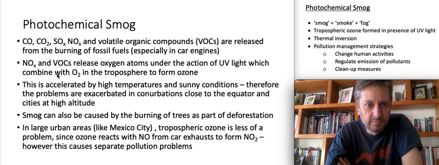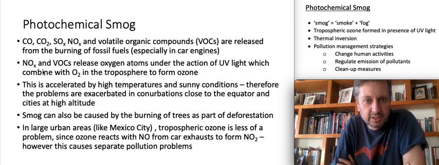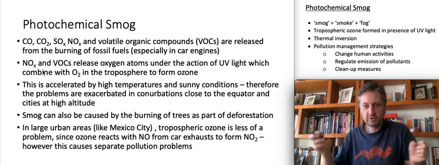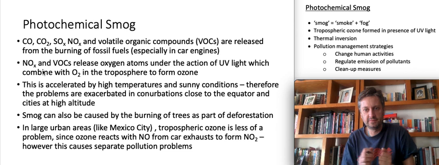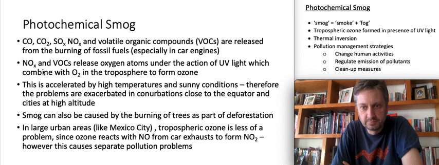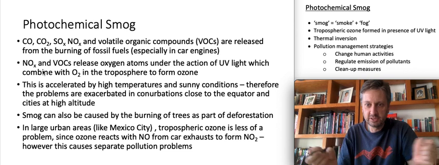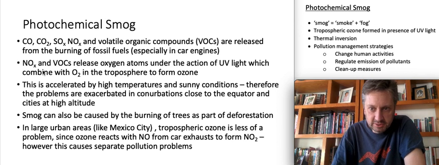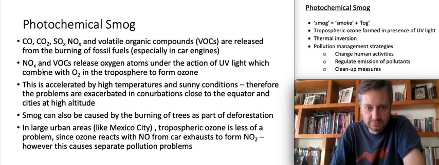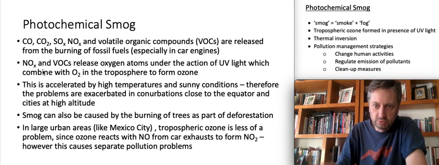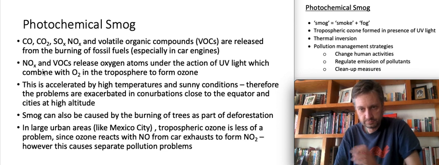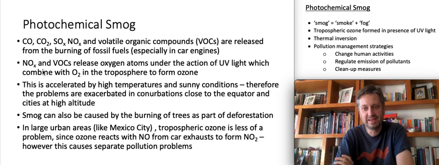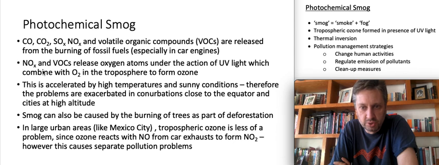So I've said here, nitrogen oxides and VOCs, when they're acted on by ultraviolet light, release oxygen atoms. Those oxygen atoms can then join to other compounds. If a free oxygen atom, or a free oxygen radical, we should call it, joins to O2, which is an oxygen molecule, it forms O3, which is ozone.